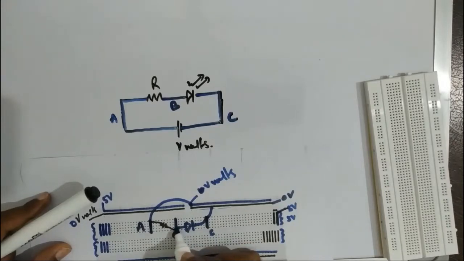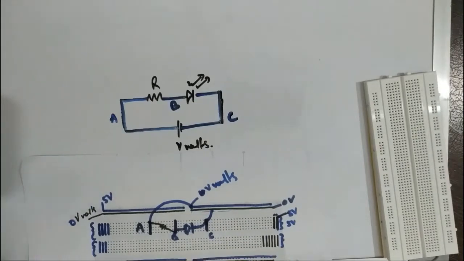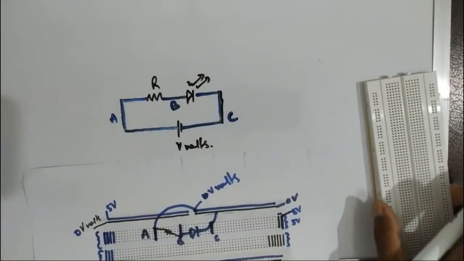One point of the LED goes into one of these 5 vertical points, and one end of the resistor to the other ports of this vertical set of 5 ports, right? So we will just see how.